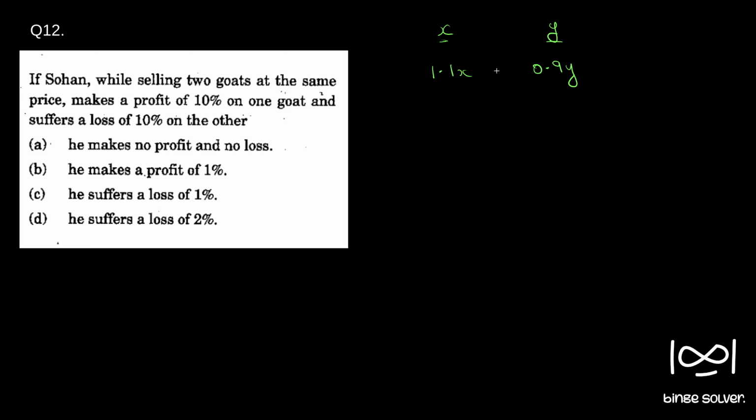So it is given that this 1.1x and 0.9y are the same. This is equal. He's selling 2 goats at the same price, right? So his initial investment was x plus y, and this sum is his final selling price. So what percentage is that is the question.